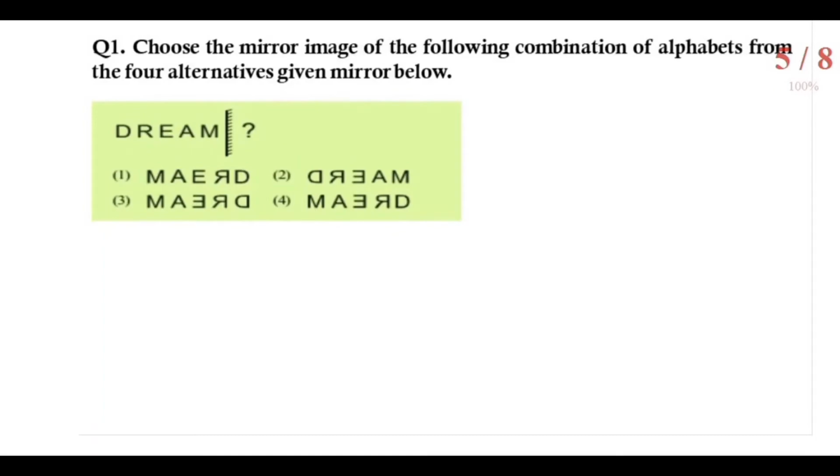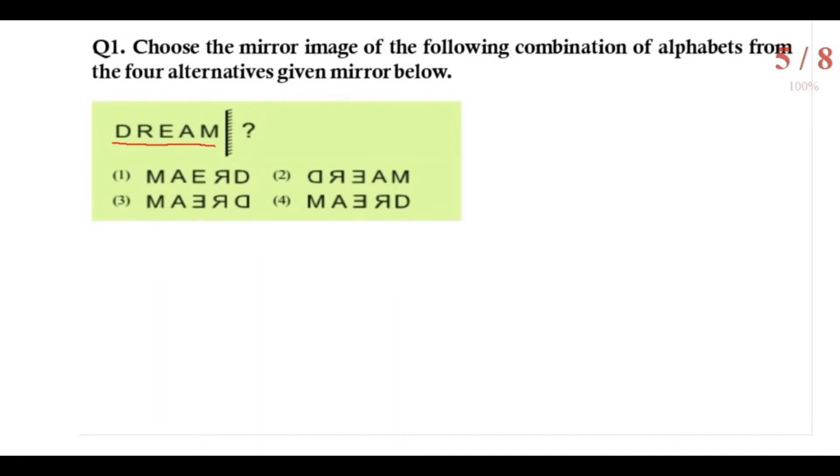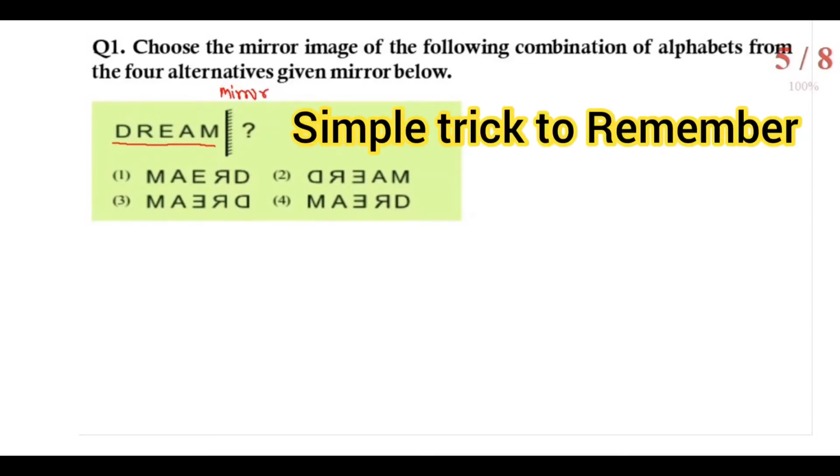Choose the mirror image of the following combination of alphabets from the 4 alternatives for the given mirror below. Here DREAM is the word, and here we have kept the mirror. After seeing through this mirror, we are going to see how we get the mirror image.